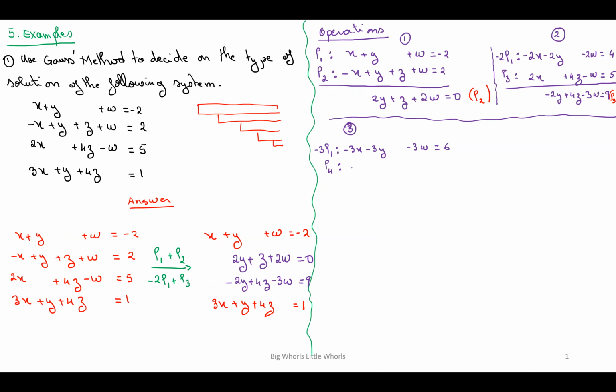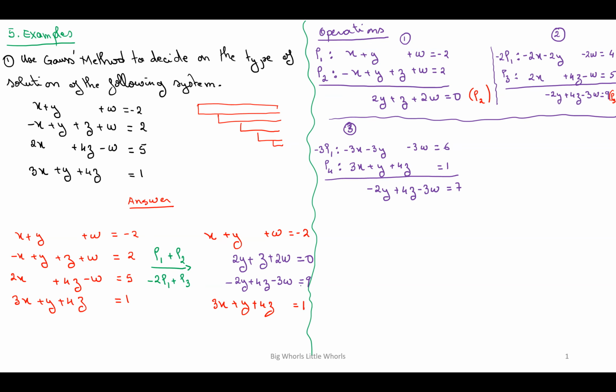Row 4 is 3x plus y plus 4z equals 1. So we have here minus 3x plus 3x is 0, and here you have minus 2y plus 4z minus 3w equals 7.